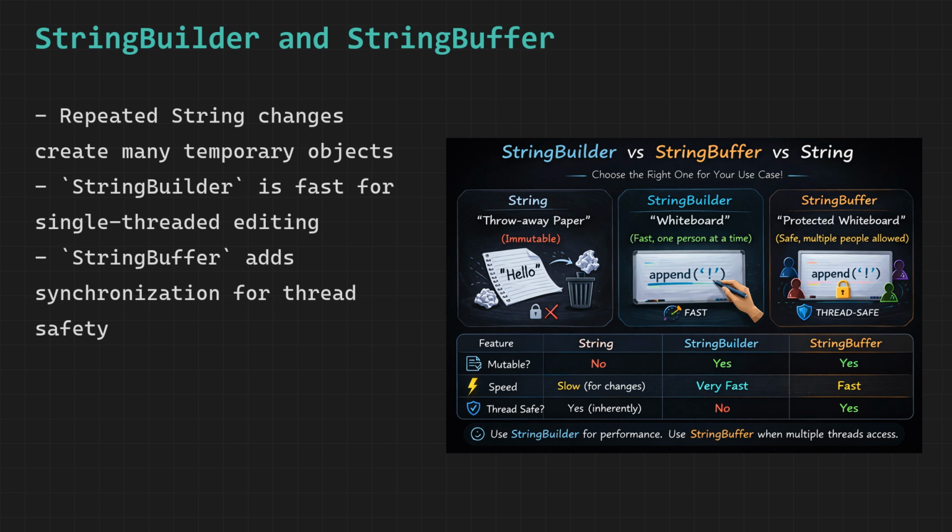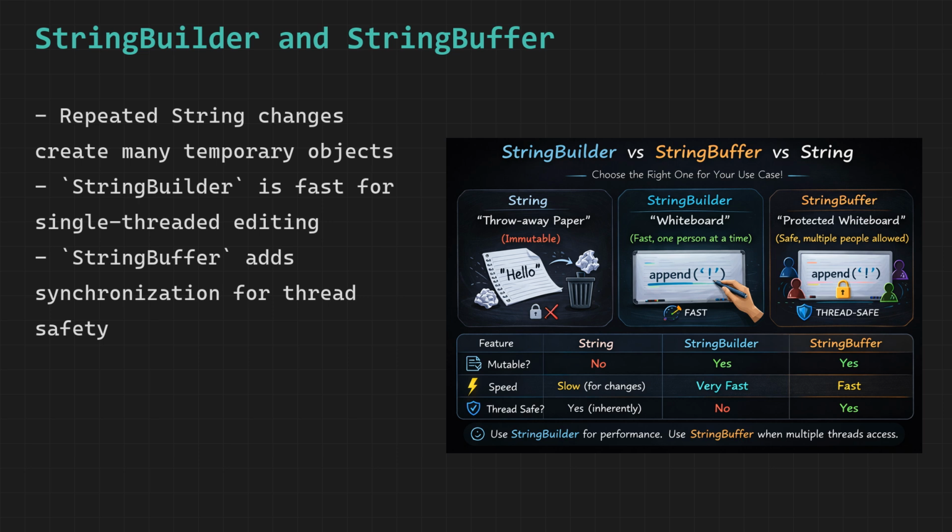This is where string builder and string buffer come in. Think of these as a reusable notepad. With a regular string, it is like writing a word on a piece of paper and then throwing that paper away and buying a brand new one every time you want to add just one more letter. That is incredibly wasteful.